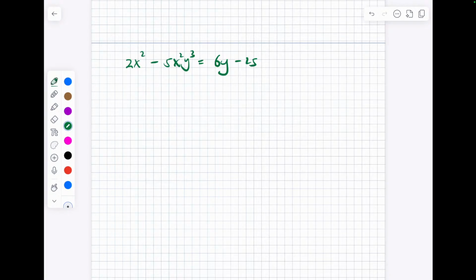Now in pre-calc, you can find it in a different way. In pre-calc, there is a formula s equals r theta. This is the arc length, where r is the radius and theta is the angle in radians.